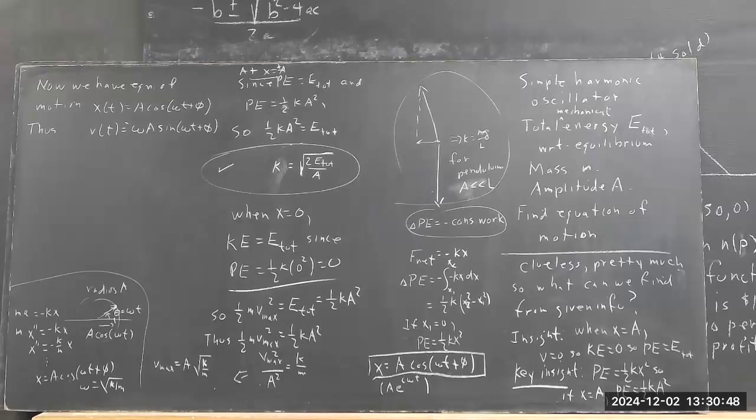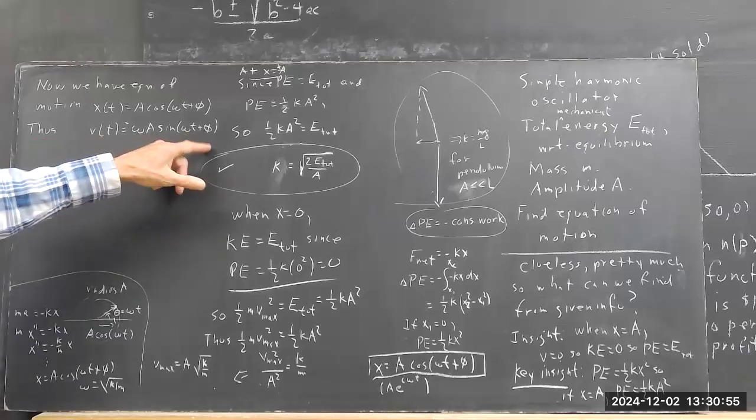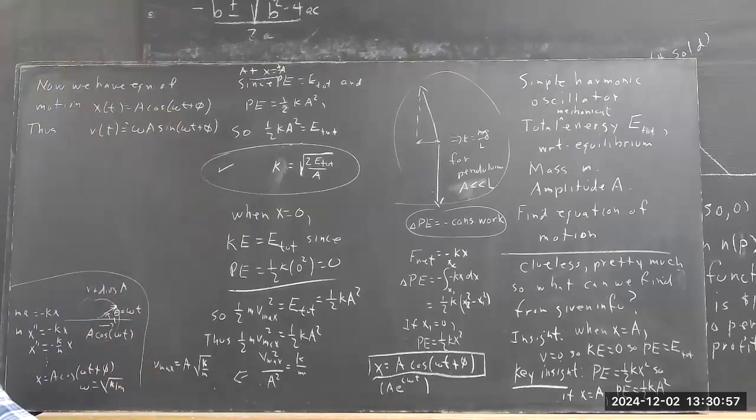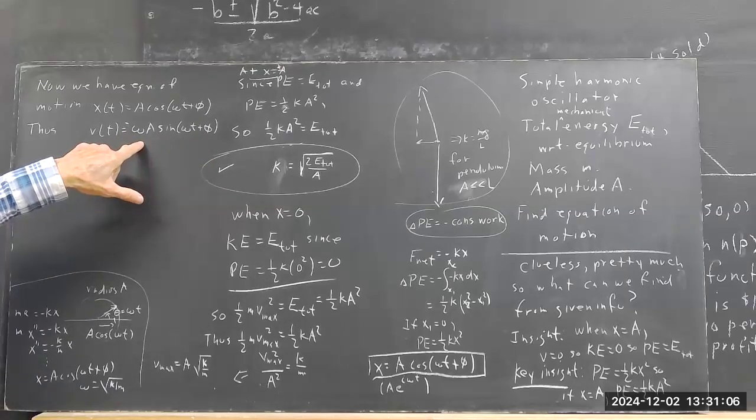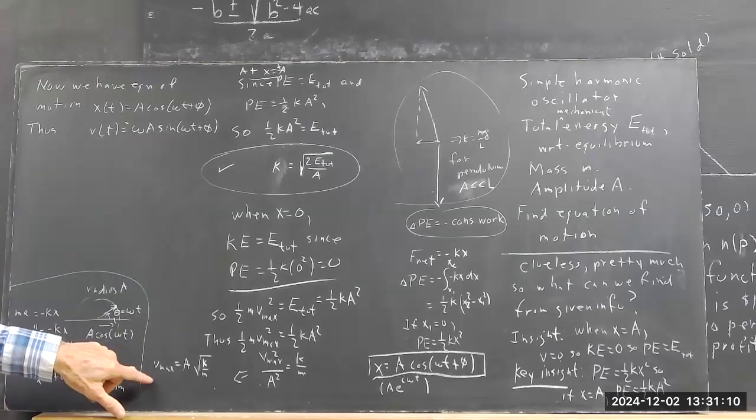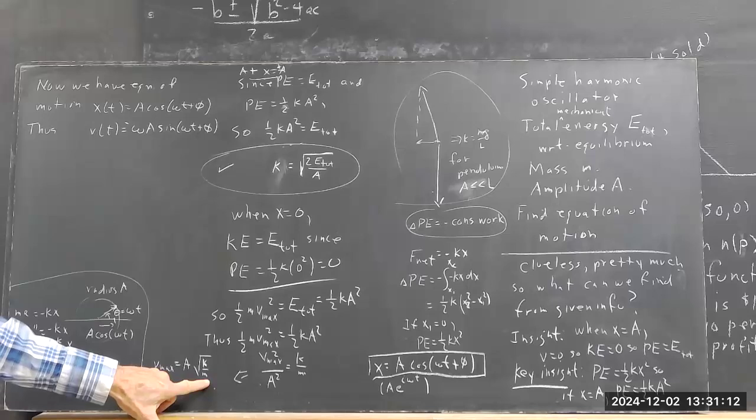We've established that the maximum of v of t is going to occur when the sine of omega t is either 1 or -1, because those are the extreme values of the sine. Since you have a negative out here, when the sine is -1, that tells you that the maximum is omega A. We already said here that the maximum is A times what we've identified as omega, right?